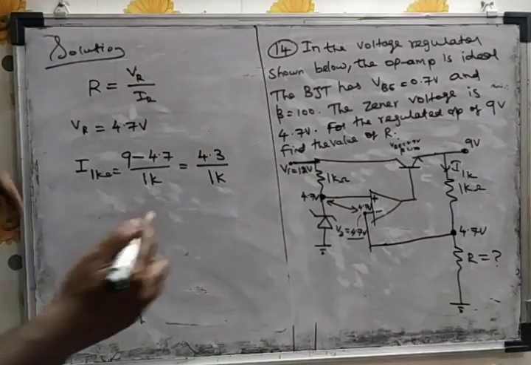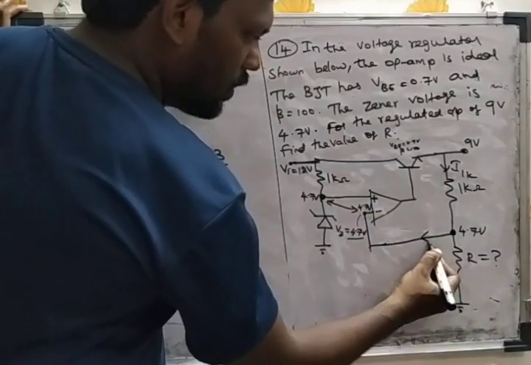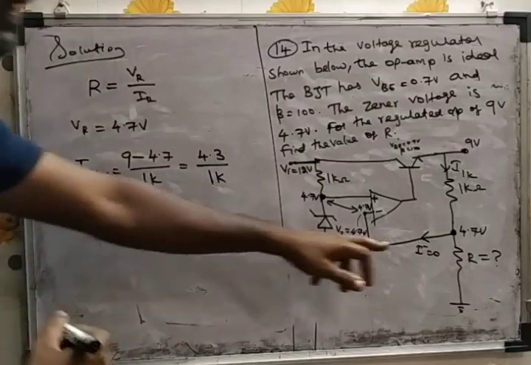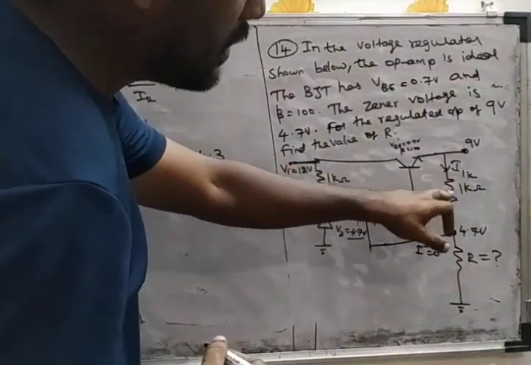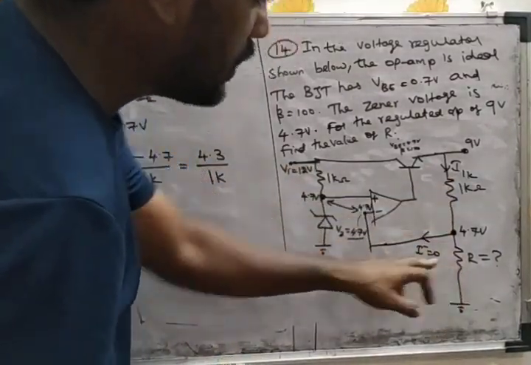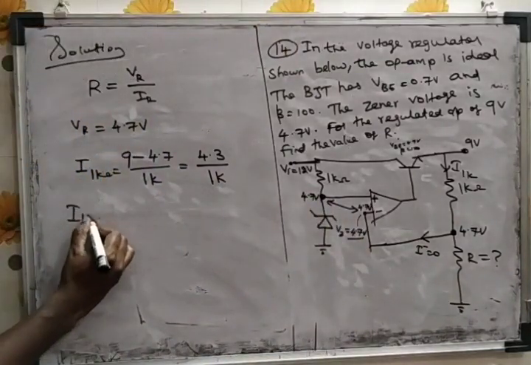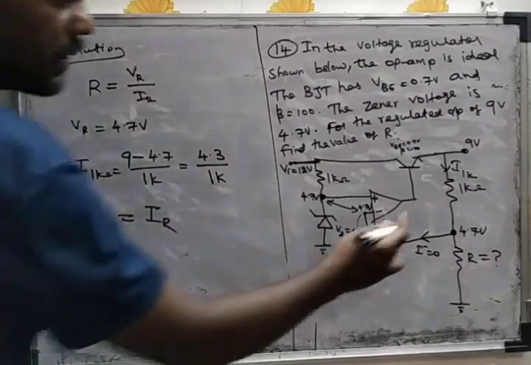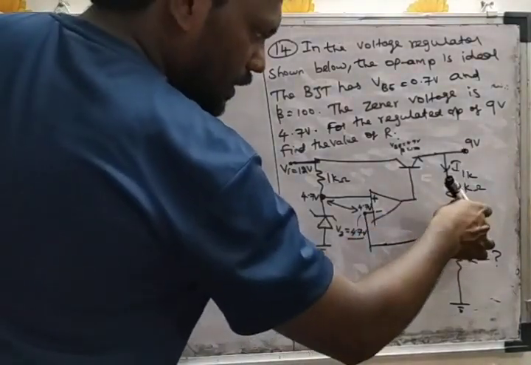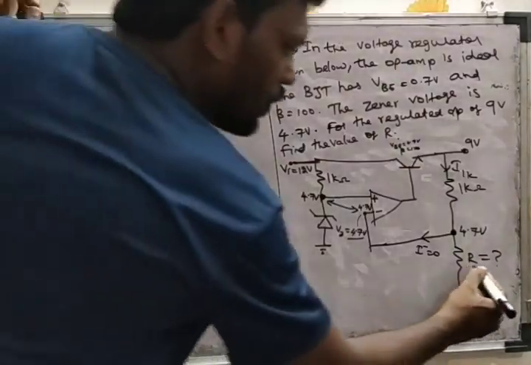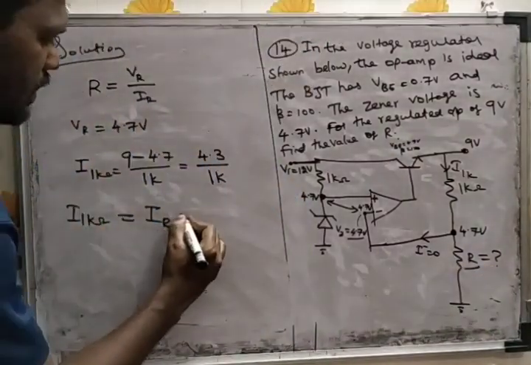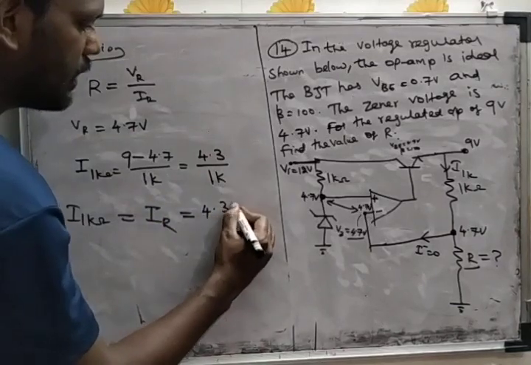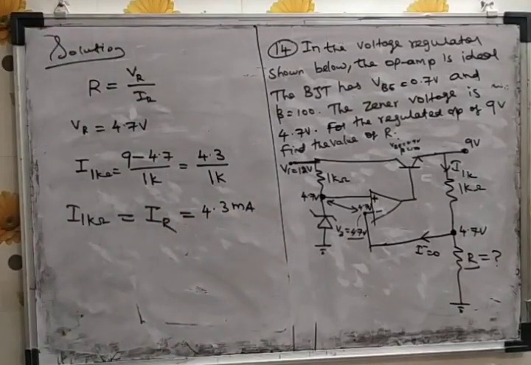Actually the input resistance is infinity, so the current flowing into the op-amp is 0. I minus is 0. So the entire current flows to IR only. So I 1 kilo ohm is equal to IR. So your IR is equal to 4.3 milliamps.